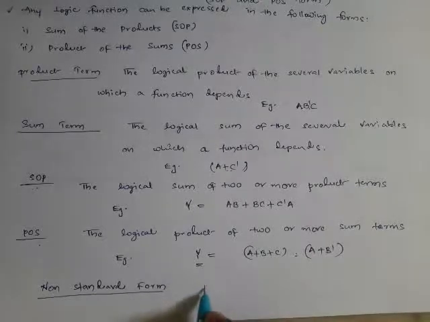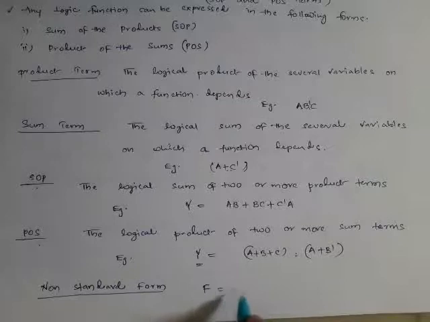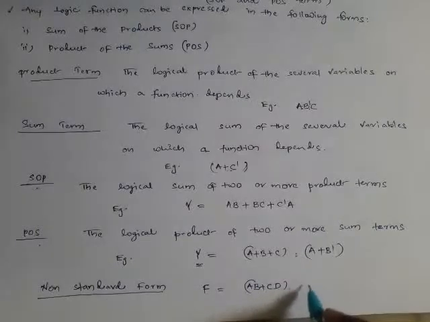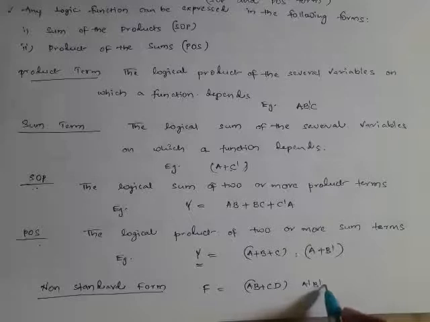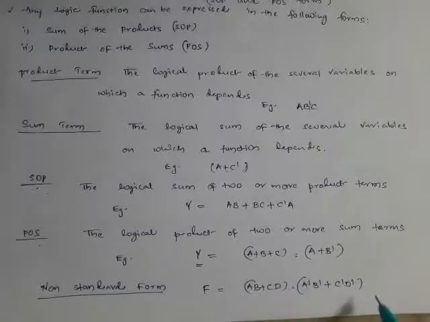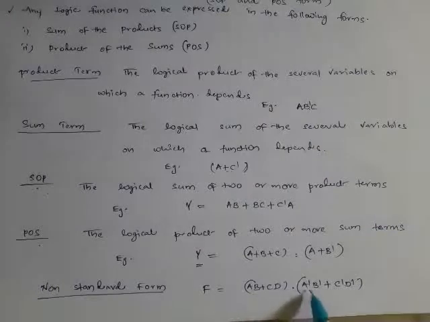If we take an example, the function f expressed as ab plus cd and a bar b bar plus c bar d bar. Here you can see that there are sum terms and also product terms.